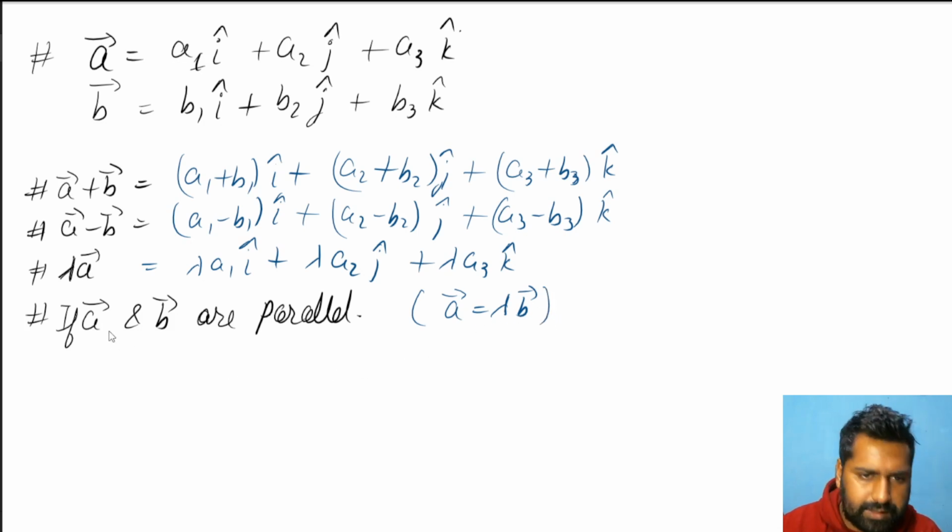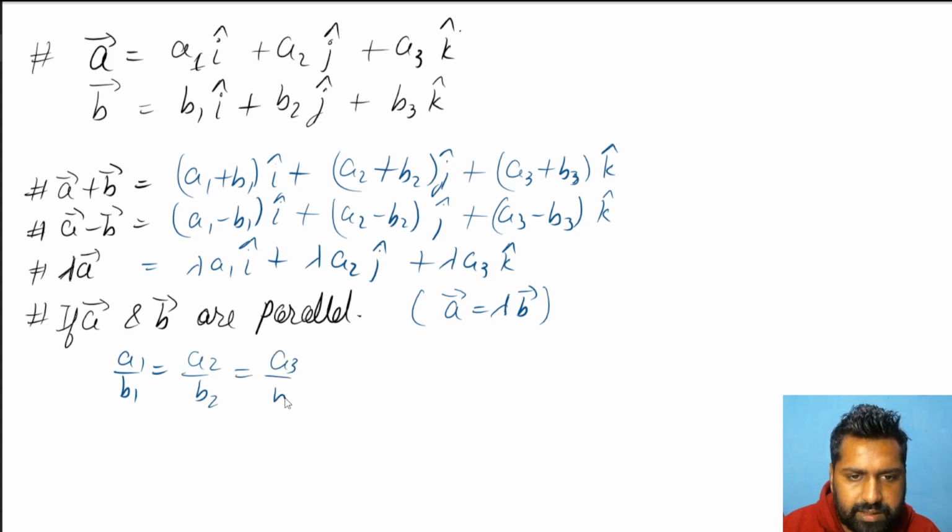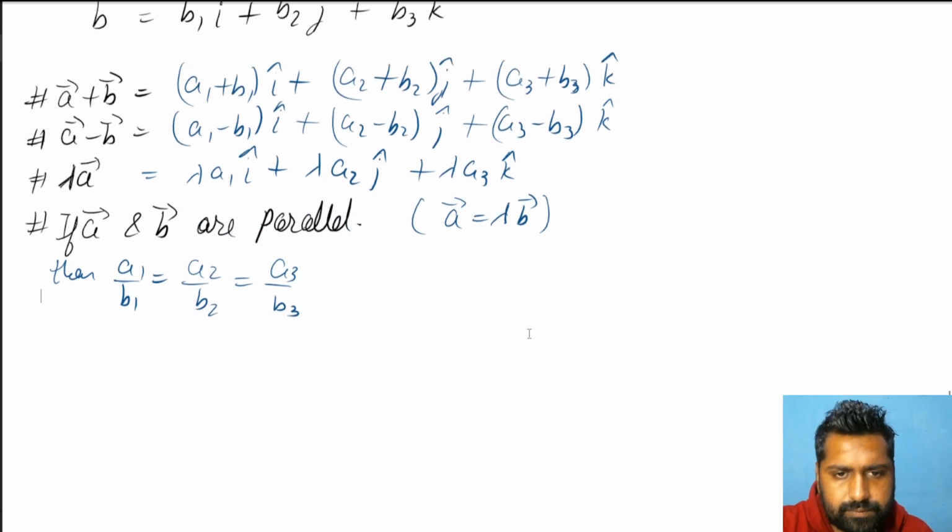Or the easier way, which students sometimes find very simple: a1 by b1 should be equal to a2 by b2 should be equal to a3 by b3. Basically your components should be in the same ratio. If this happens, then the vectors are parallel. So remember this condition, this is important.